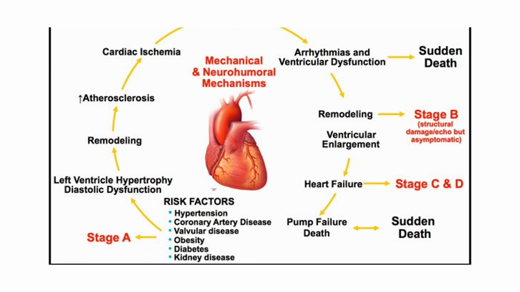So left ventricular hypertrophy and diastolic dysfunction. Why does that happen? Well, that's mainly from the hypertension. So hypertension just means that your poor left ventricle is going to have to pump against a very high blood pressure to get the blood out of the left ventricle.